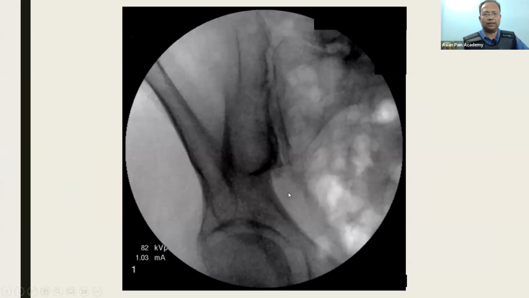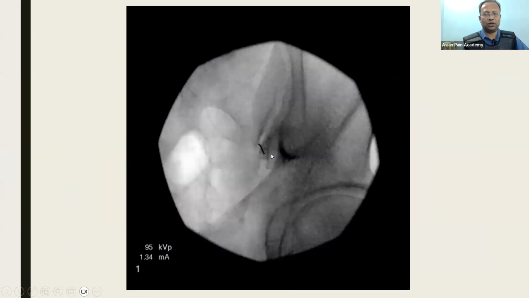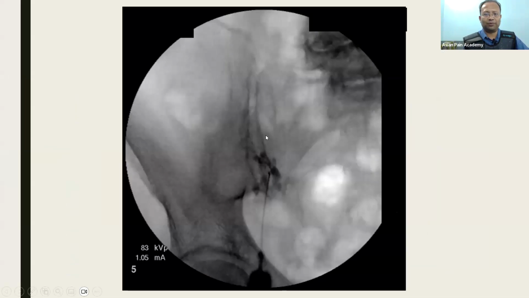Okay, just see. So this is the SI joint. After putting the needle in the tunnel view approach, we are giving the contrast. Contrast should spread up. It should not stay on one side. Sometimes you can see contrast depositing in the lower part, because this is the joint capsule, so it can deposit in the lower part, but it should be going up.